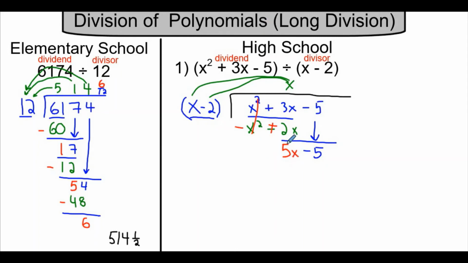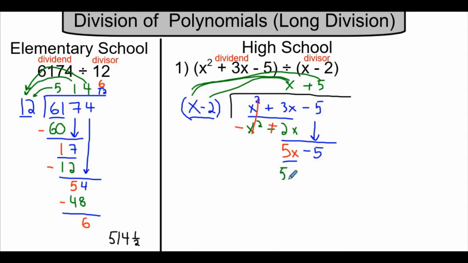And I ask myself again, I only care about the coefficients. Just like in this step, I cared about making 12, 17. All I care about here is making x become 5x, because I want to cancel one thing at a time. This part will be taken care of as you do the problem. So the way to make x become 5x is to multiply it by 5, and then to move this by distributing. 5 times x is 5x.